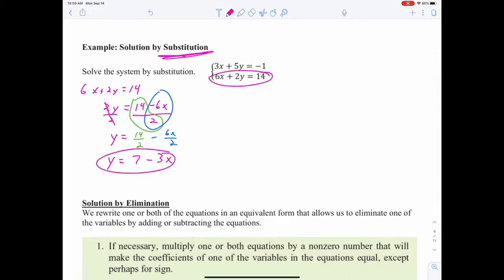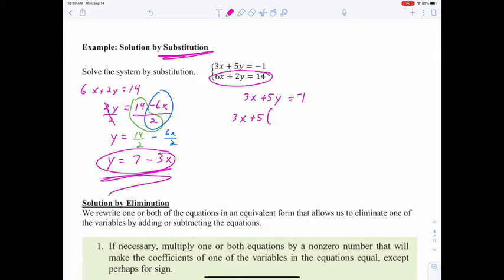So when we do the substitution method, and this is important, plug into the other equation, not the one you just used. Plug into the other equation. So that's what we're going to do here. We're going to take 3x plus 5y equals -1. We know y is really 7 minus 3x. Now we're going to plug in. So 3x plus 5, now notice how I use parentheses here.